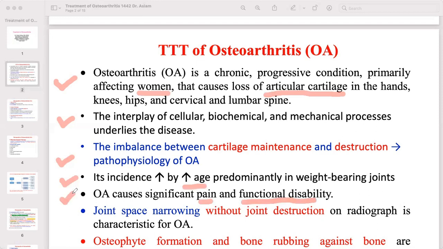Joint space narrowing without joint destruction on radiograph is characteristic of osteoarthritis.